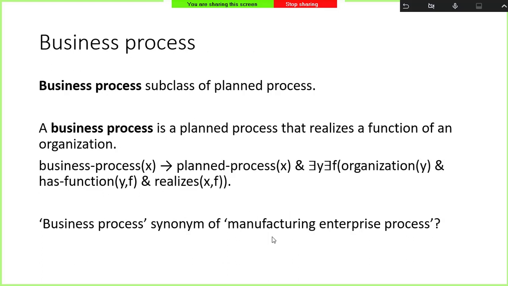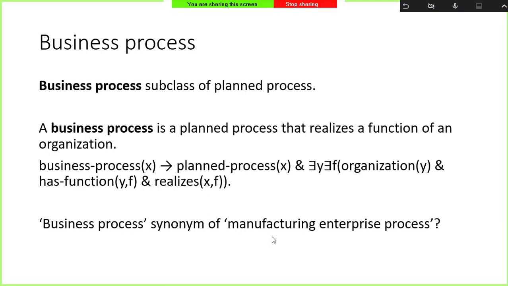All right, now business process is an example of a fork, and I am not qualified to decide which route we take. Some people use the term business process to mean any manufacturing enterprise process, including maintenance processes, supply chain processes, and so on.